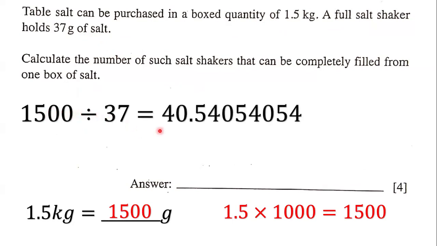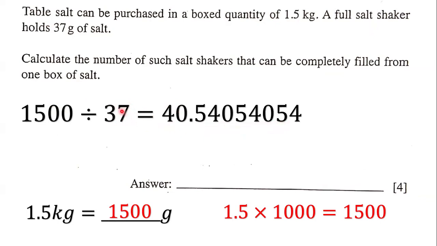And our answer is 40.54054054. Now, what does this mean? Well, this 40 means that 37 can go into 1,500 40 times. And this decimal part indicates that there is a remainder.